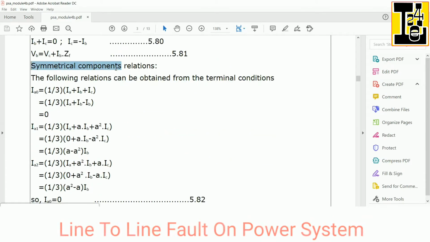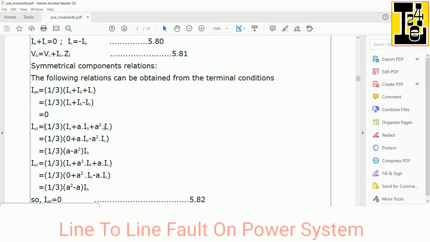The symmetrical component relation can be written like this. We know the expression for IA0 as 1/3 into (IA plus IB plus IC). Substituting the expression for IC in terms of IB, we will get IA0 equals 0. IA1 equals 1/3 into (IA plus aIB plus a squared IC).